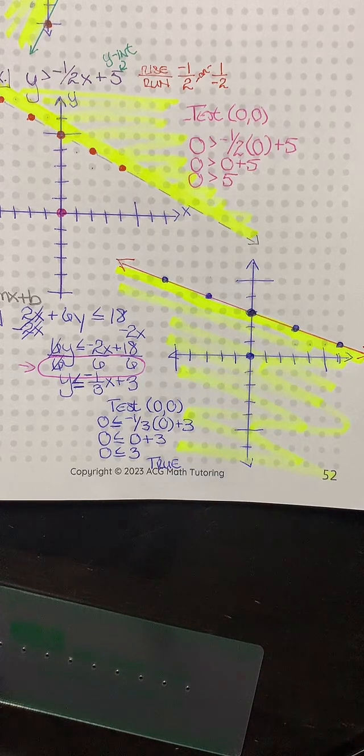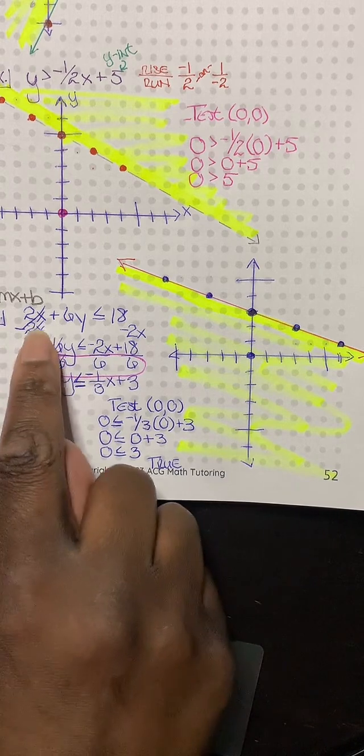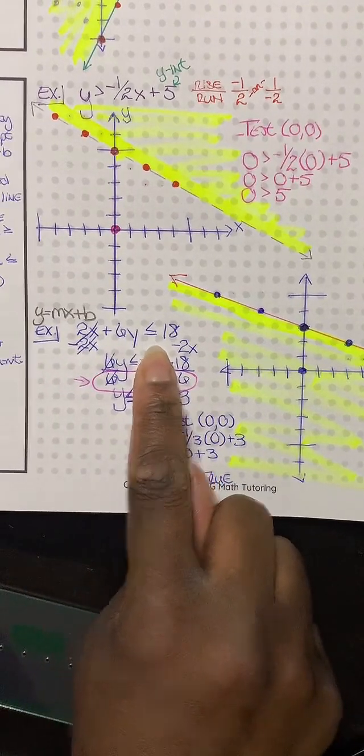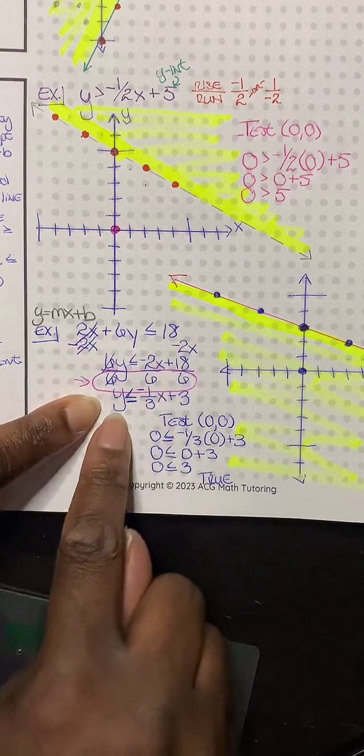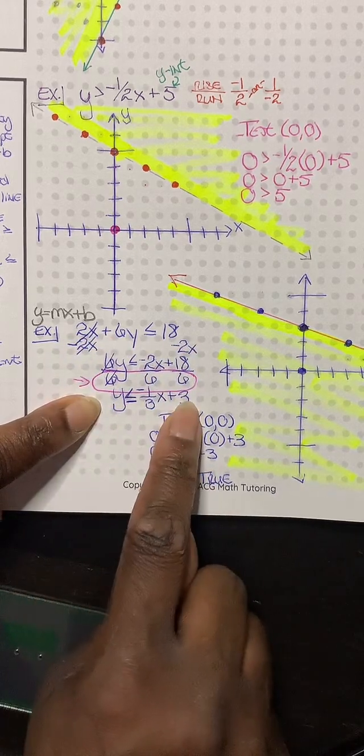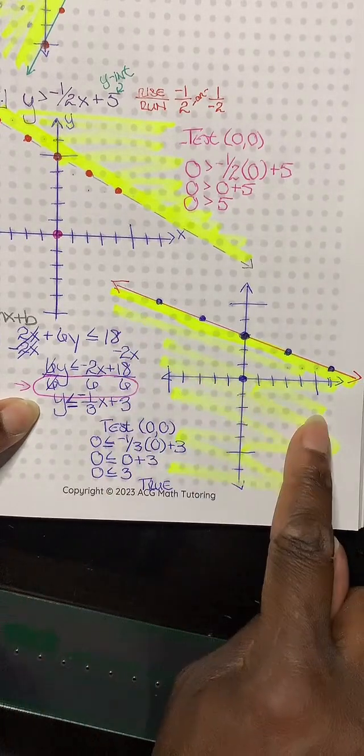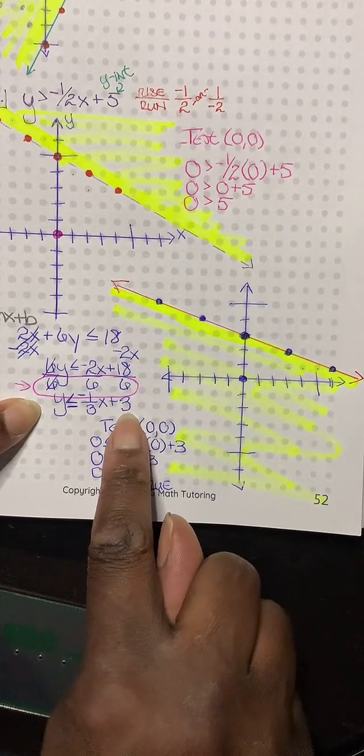All right. So that's basically how we're shading it. If it's not in slope-intercept form, we have to put it in slope-intercept form. So we have to solve it for y. Once we do that, we go ahead and plot our points. Starting point is the y-intercept.